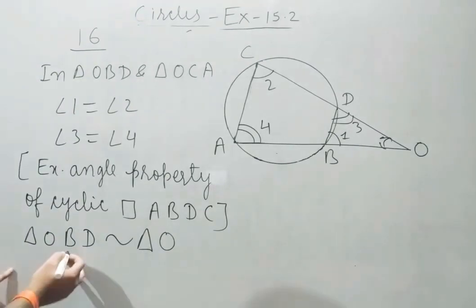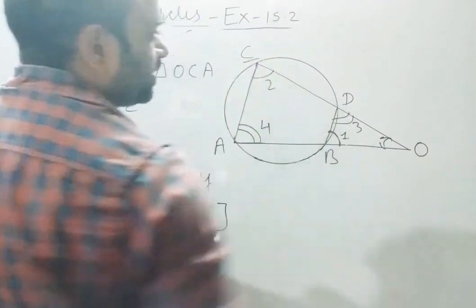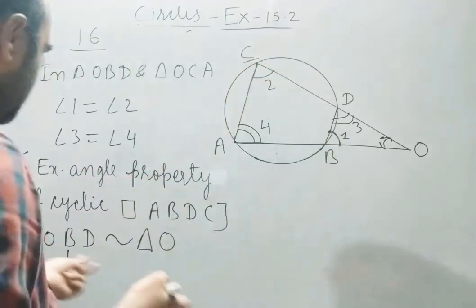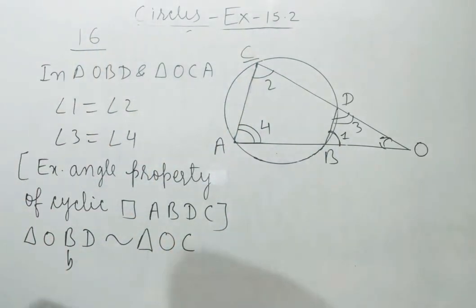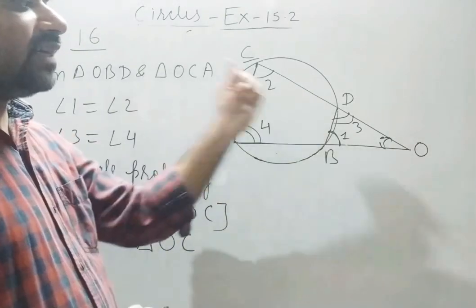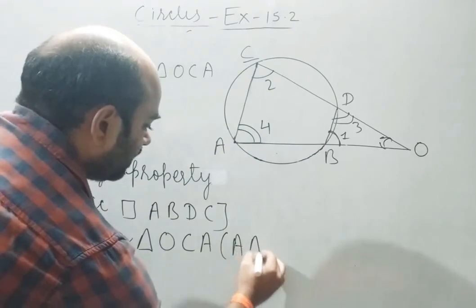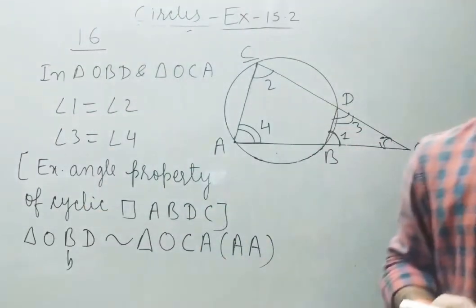Second letter is B. Angle at B is equal to angle at C. It means for B at second position, we will write here C, second position. Now, what is the letter left in the second triangle? OCA, and the criteria is the angle criteria. Correct? So both triangles are similar.